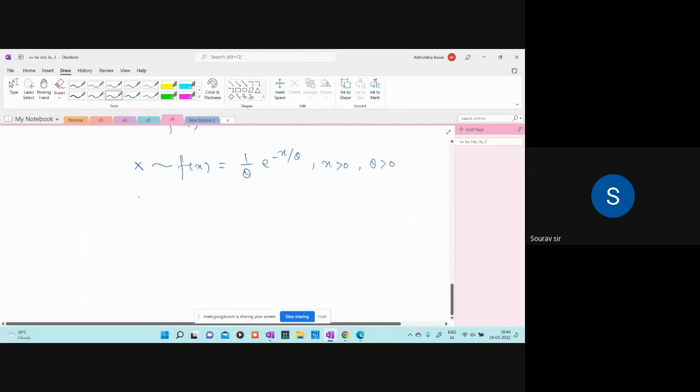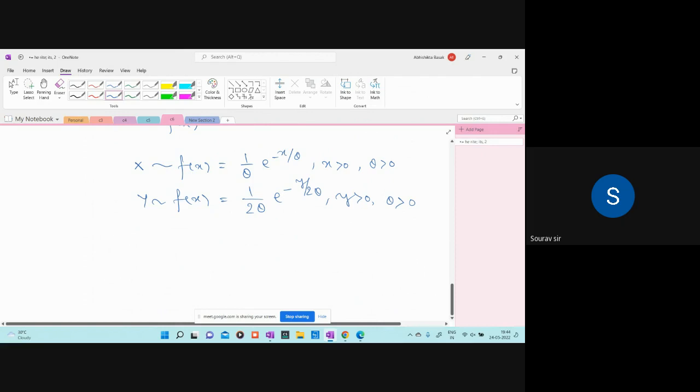And y was another variable which was following some exponential distribution like this, right?